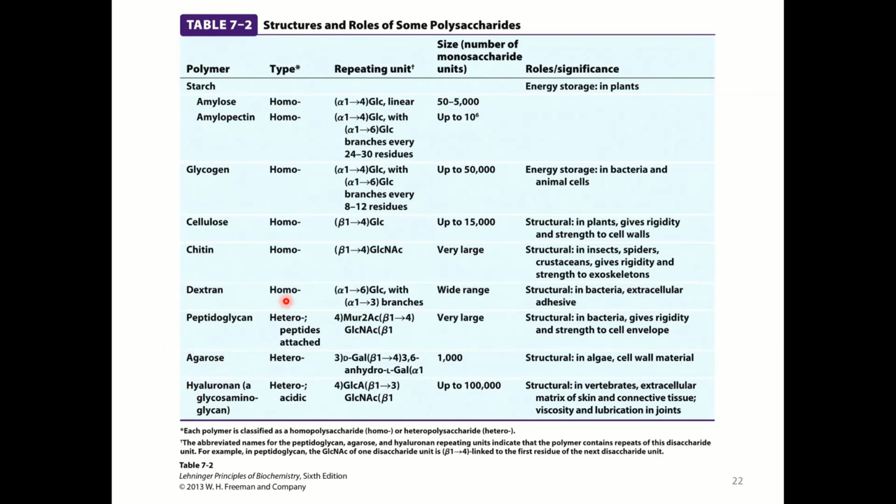And then some of the other ones we talked about, not very important, but the glycosaminoglycans are more important. And there you have acidic forms of polysaccharides, and also the N-acetyl groups are more common. And you see the beta 1 to 3 linkages as well.